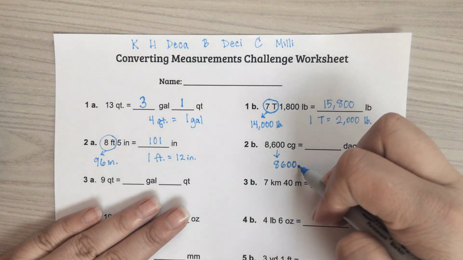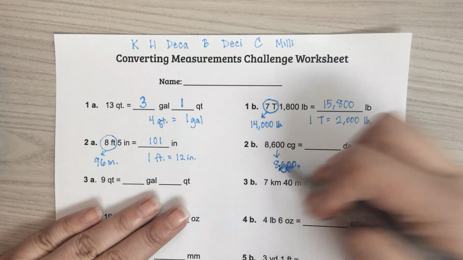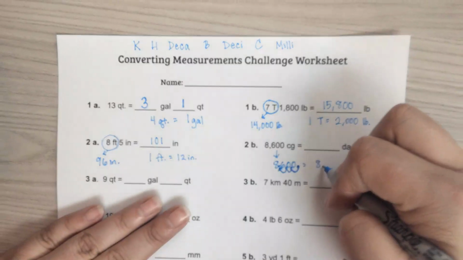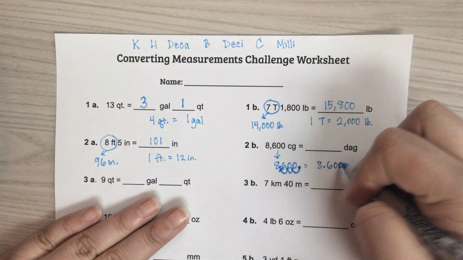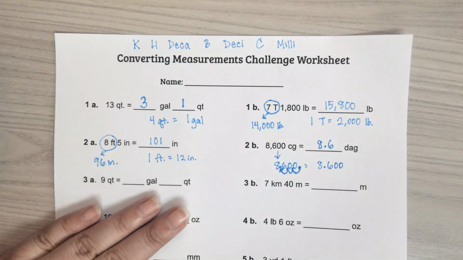My decimal down here is going to go 3 spaces, 1, 2, 3, and now my decimal is right here. That would equal 8.600, or you can just write that as 8.6.